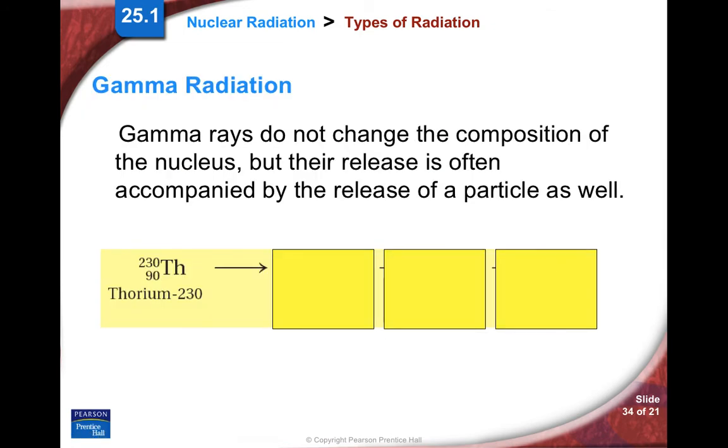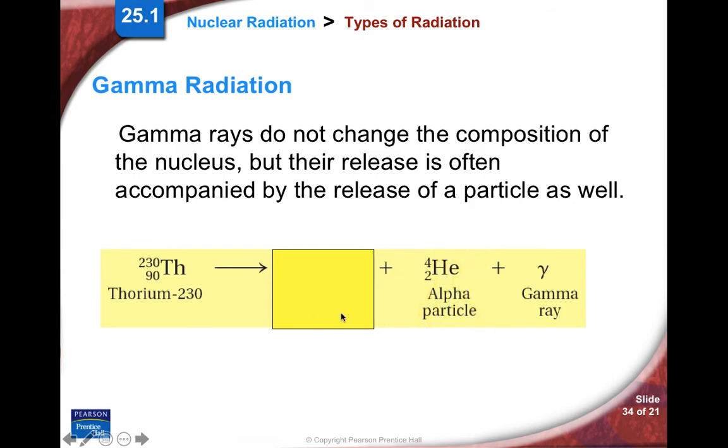Gamma rays don't change the composition of a nucleus, but sometimes particles come out as well. So if we start with thorium, it's a common gamma emitter. Thorium's element 90. An alpha particle will often also come out. So again, 230 is equal to something plus 4. It's just like a baby algebra problem. 90 is equal to something plus 2.